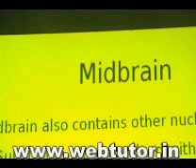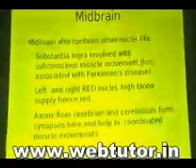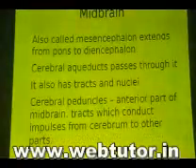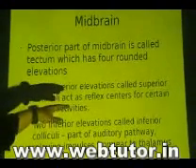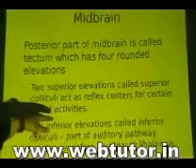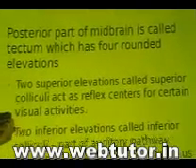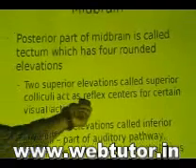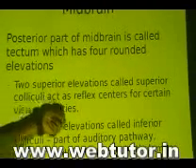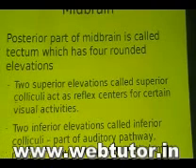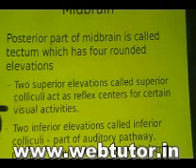What are they related to? The 2 superior elevations are called superior colliculi. They act as reflex centers for certain visual activities. We'll see in detail what exactly a reflex is. A reflex is when you get a sensory input, you integrate and process the information, and then give an output.